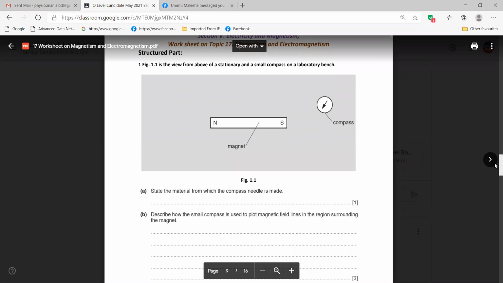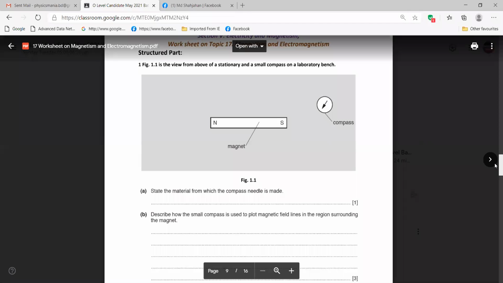That's why our other fingers are showing the direction of current and the thumb is showing us the north pole direction. So is it clear now? The diagram you drew, you check with the one I just now described.